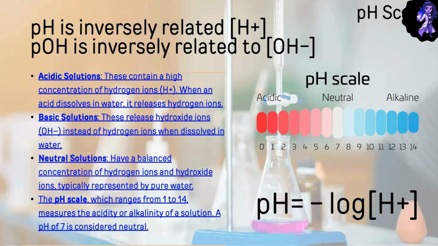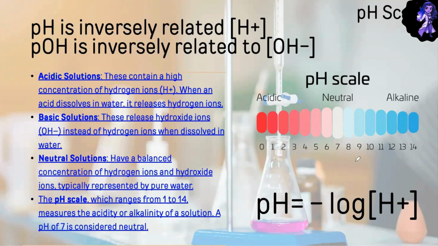We think of water as being very neutral, which means that it registers near or around the value of 7. So that is neutral. If it's less than 7, we say that it is more acidic. If it's greater than 7, we say that it is more basic or alkaline.